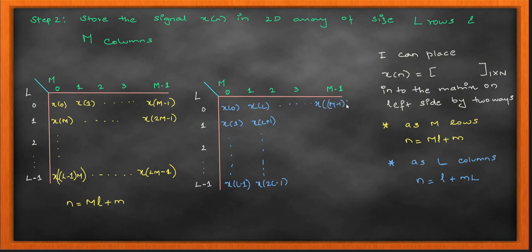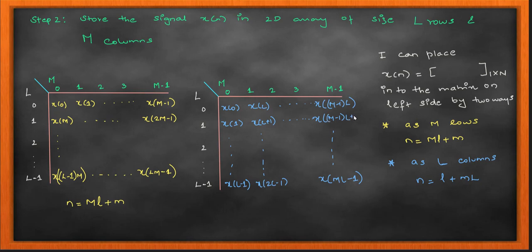So the column-wise, I am filling it as L columns at a time. You can see my rows are shown in yellow color and my column-wise is shown in a bluish color. So these are the two ways I can organize my one-dimensional array.